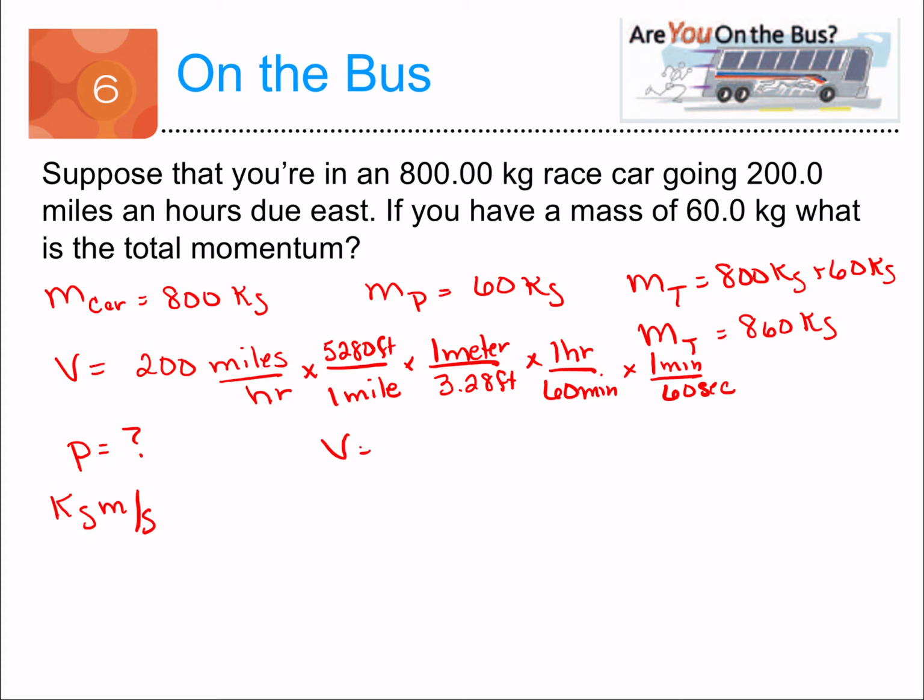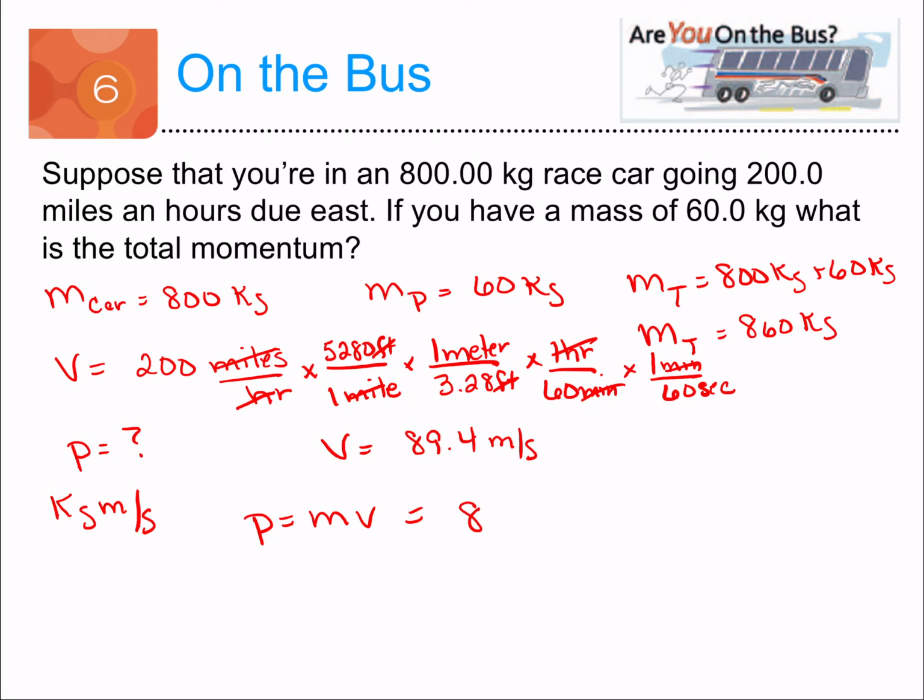So our velocity is going to be 89.4 meters per second. And let's just double check our units. So hours cancel here, miles cancel here, feet cancel here, minutes cancel here, and we're left with meters per second. So we did it right. So then your momentum is going to be the mass times velocity.